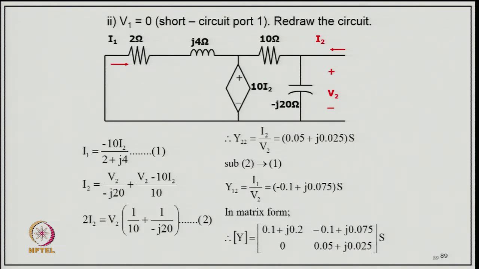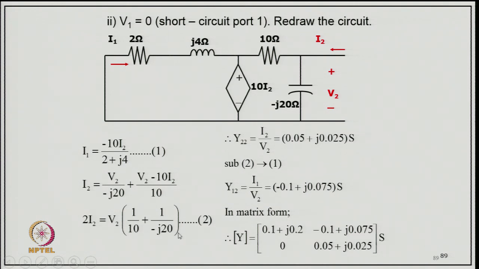We will get I 1 in terms of this, minus Z 4 times I 2 divided by 2 plus J 4, that is this impedance that comes. From here, putting the value, I 2 will be V 2 minus J 20, and that is the node equation V 2 minus Z I 2 divided by 10. Just putting values you can write I 2 equal to V 2 times 1 upon 10 plus 1 upon 20.